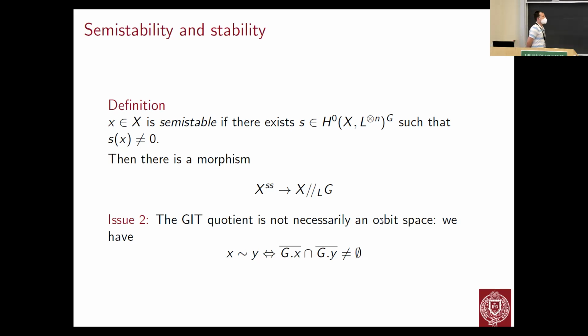Okay. So in GIT, the two major questions that we're looking at for any given problem are, what is the semi-stable locus? In other words, when do you have at least one non-vanishing invariant section? And then, when two orbits come together in this unexpected way, can we describe what's happening there?